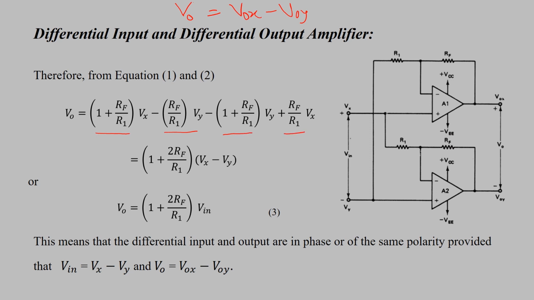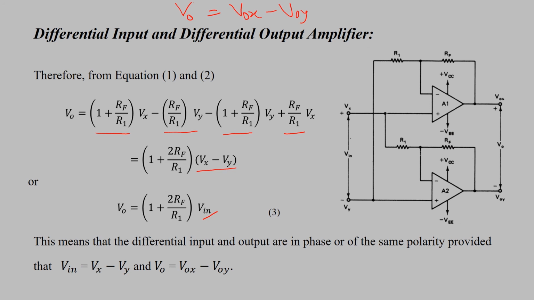So from here we can write 1 plus 2 Rf by R1 into Vx minus Vy, or Vout is equal to 1 plus 2 Rf by R1 into Vin, where Vin is the differential input voltage, or we can also write it as Vxy. This means that the differential input and output are in phase or of the same polarity.